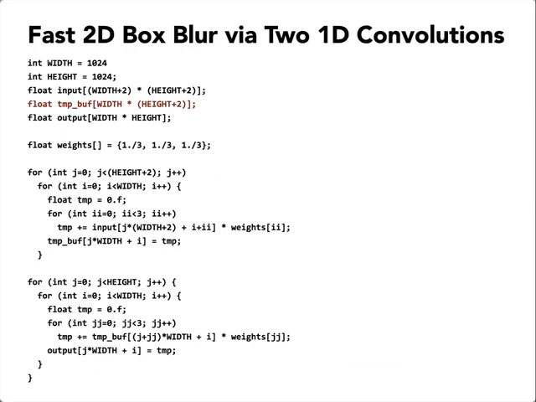And if you do that, then it's going to be a lot more efficient to calculate. So in this case, this is a fast 2D box blur implemented via two 1D convolutions, in contrast to the example I showed before with the single 2D 3x3 box blur.